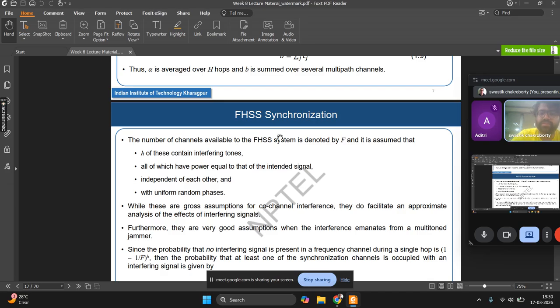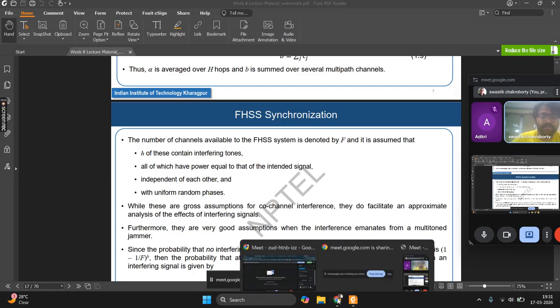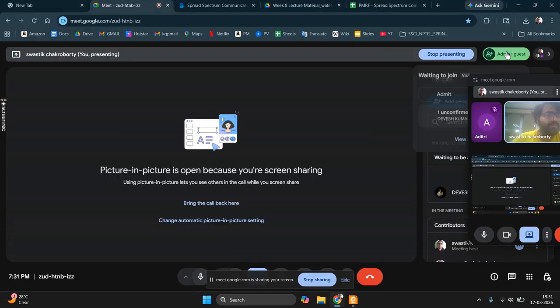Now, the number of channels available to the FHSS system is denoted by F, and it is assumed that each of these contains interfering tones, all of which have power equal to the intended signal, independent of each other. That is, basically you have F number of tones. Out of that, maybe one is what the particular user is using, but there are F number of total tones available.